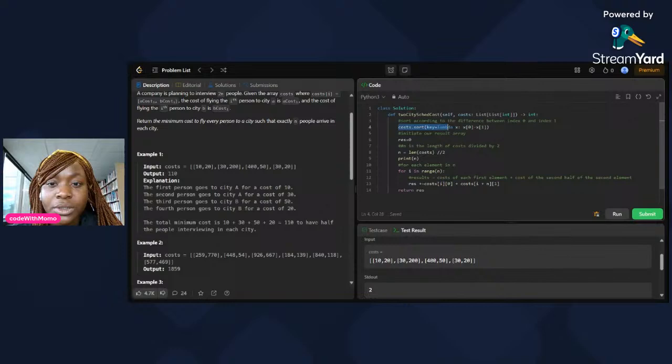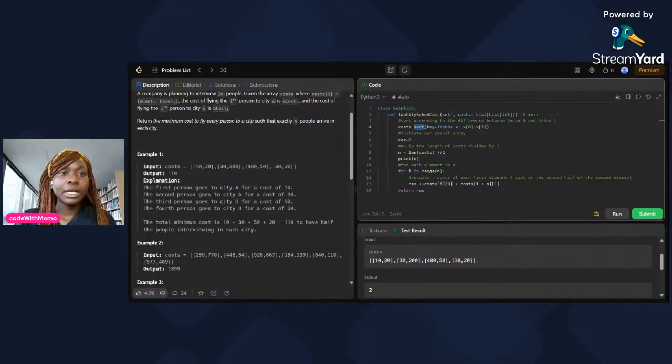So we have costs. The first thing I did here was to sort my cost array. I used the cost.sort built-in function, and this built-in function is O(n log n) time complexity, so that's something to keep in mind.